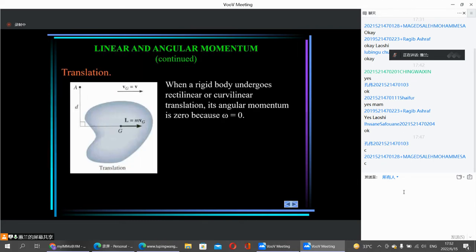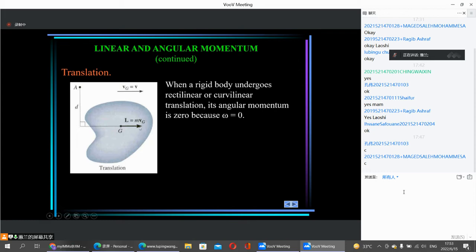To show how to calculate the linear and angular momentum for rigid bodies, we need to know the motion of the rigid body. If it's translation, things will be easier, because for translation the linear momentum is equal to mass times the velocity of its mass center.